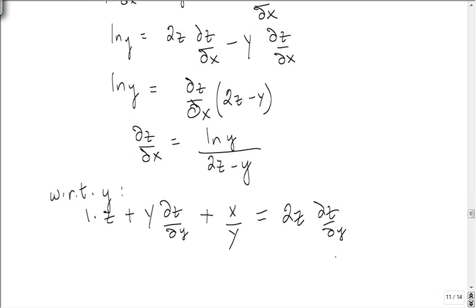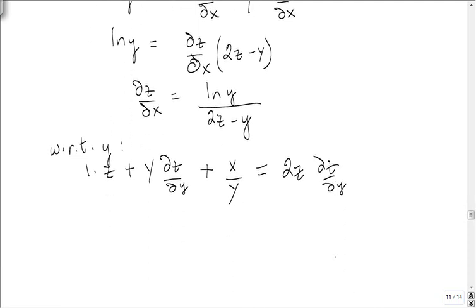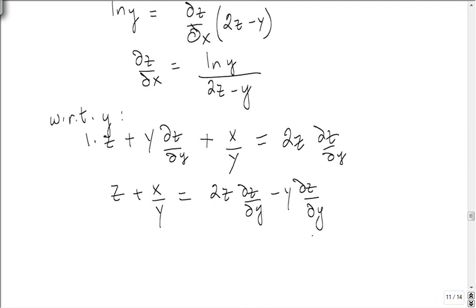Now, let's try to see what we can do with this. We're going to solve. So, the left side, I have z plus x over y. And then on the right, I have 2z partial z partial y minus y partial z partial y. And you know what to do, factor.